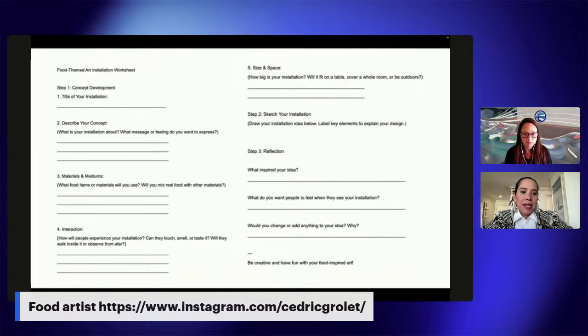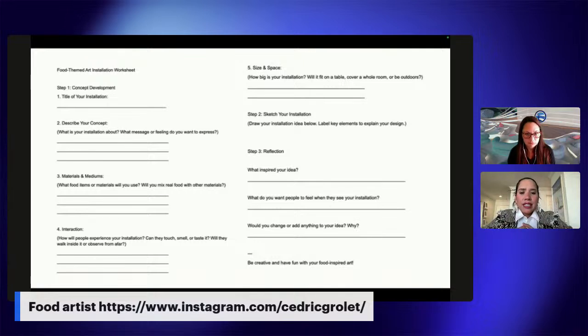How do you imagine it? Will the size fit on a table, cover a whole room, or be outdoors in a garden or something? The other part of the exercise is to sketch your installation, so you can draw it and label key elements to explain the design.